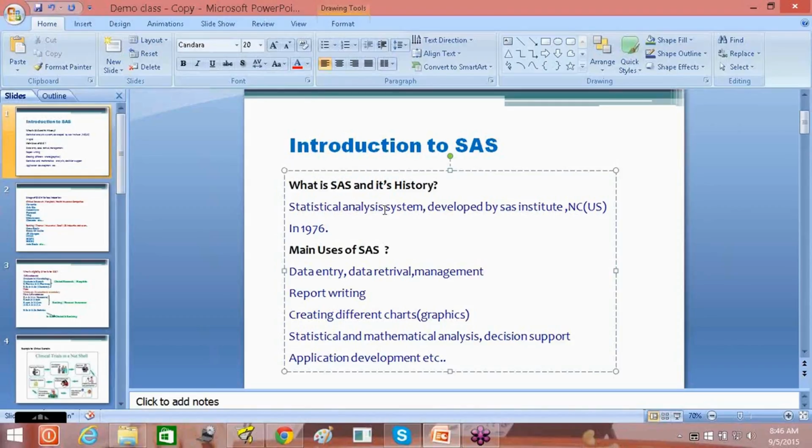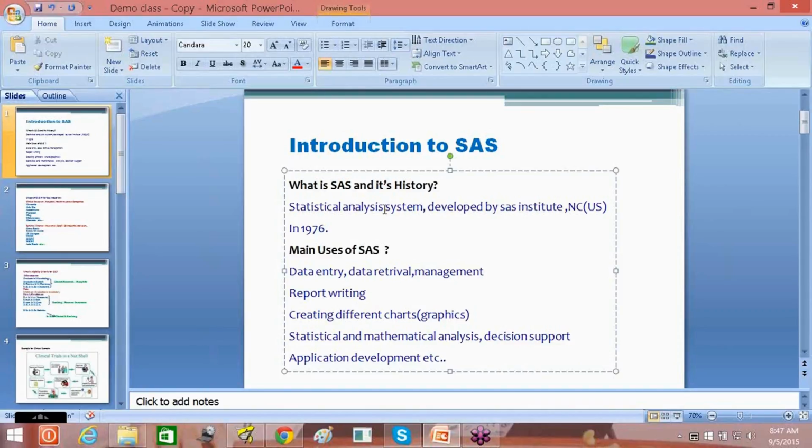Yes. So in the early years, in 1970, SAS was developed only for agricultural data analysis, but after 1970, they implemented some features and components in SAS software.